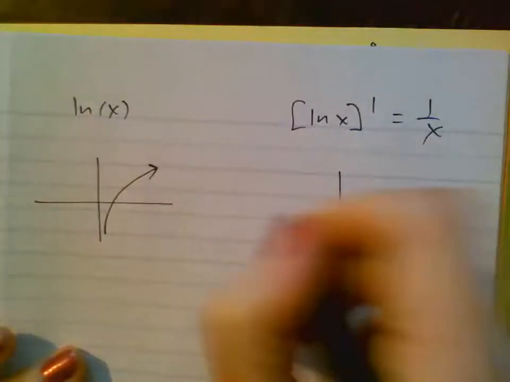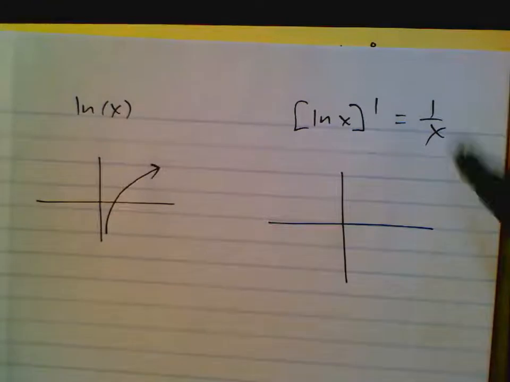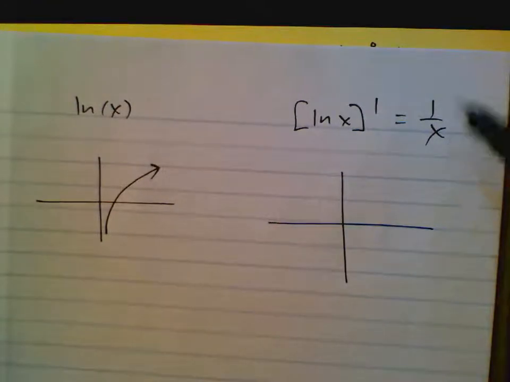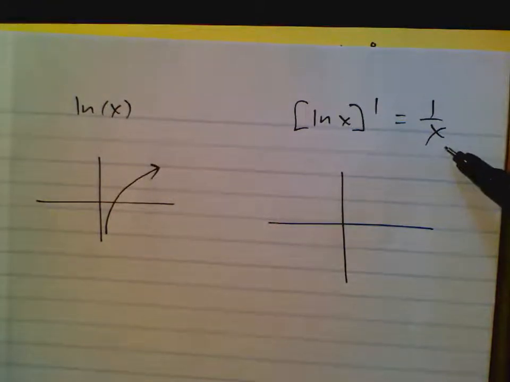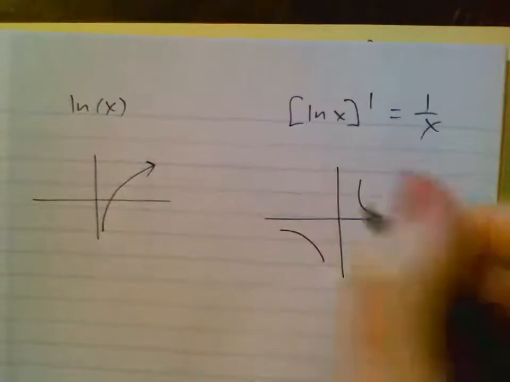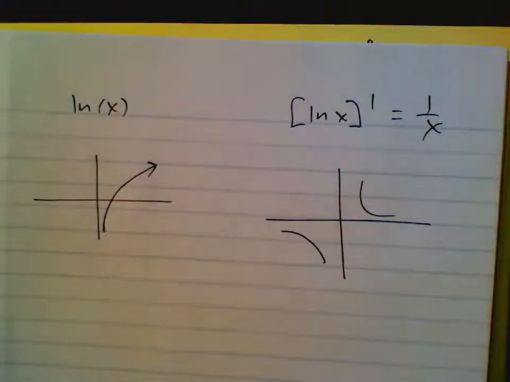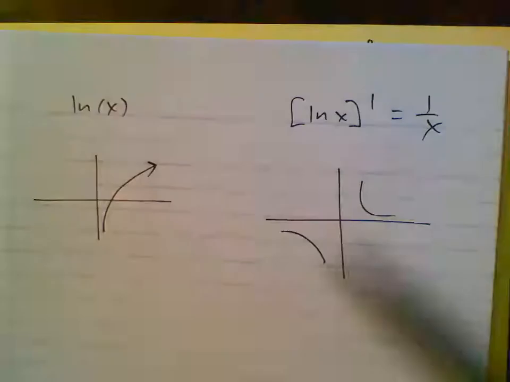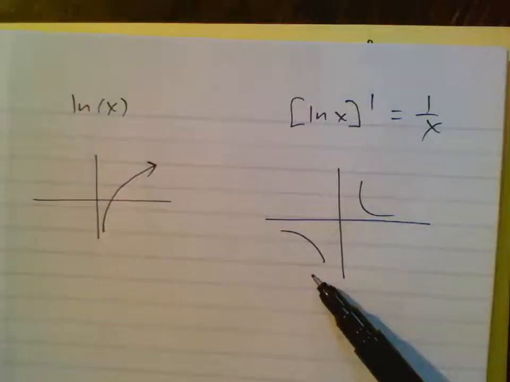But actually, guys, the domain here, we don't really talk about it, but the domain here is restricted because the 1 over x, if you just thought of the reciprocal function 1 over x, its graph is this. All right, that's its graph.